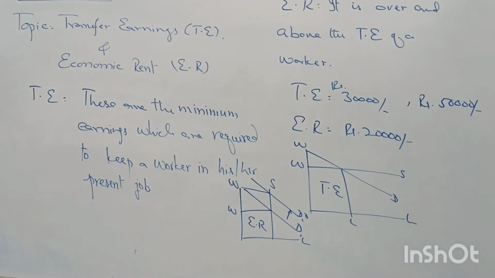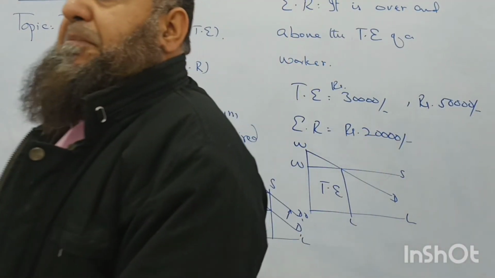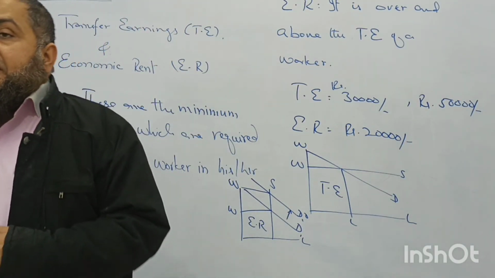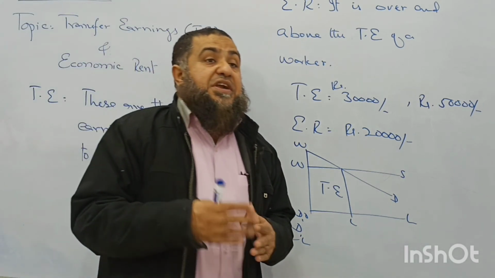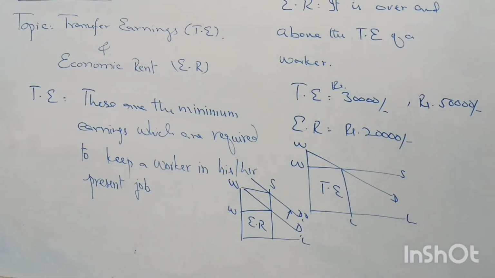The famous singers, the persons who have unique skills, their labor supply curve will become perfectly inelastic. So as their demand in the market increases, every time they will be able to earn economic rent instead of the transfer earnings.